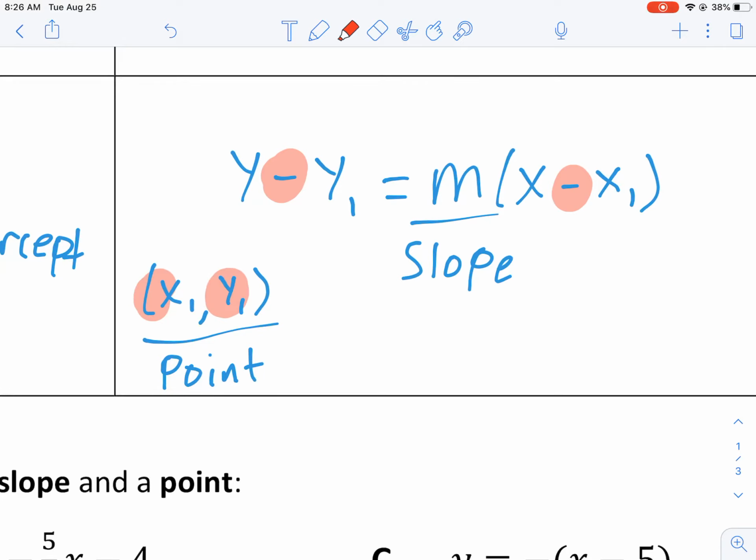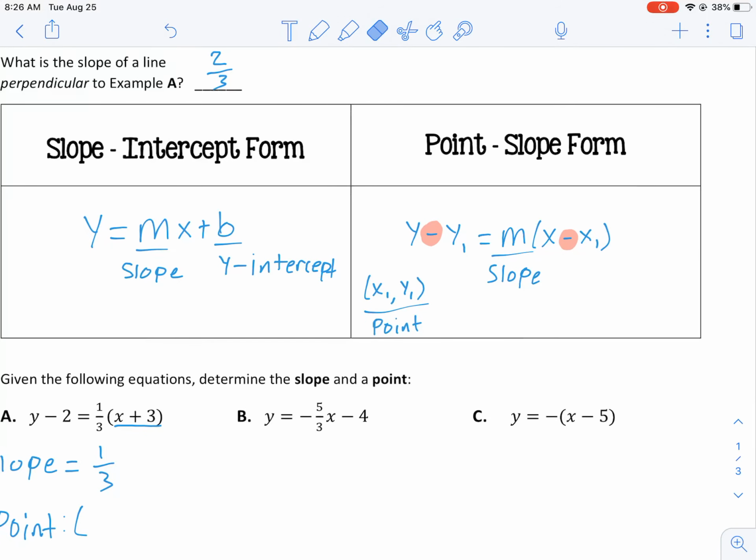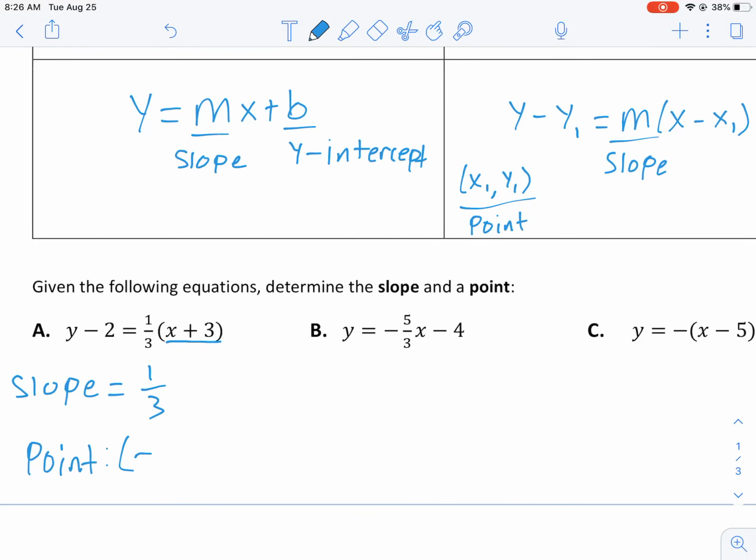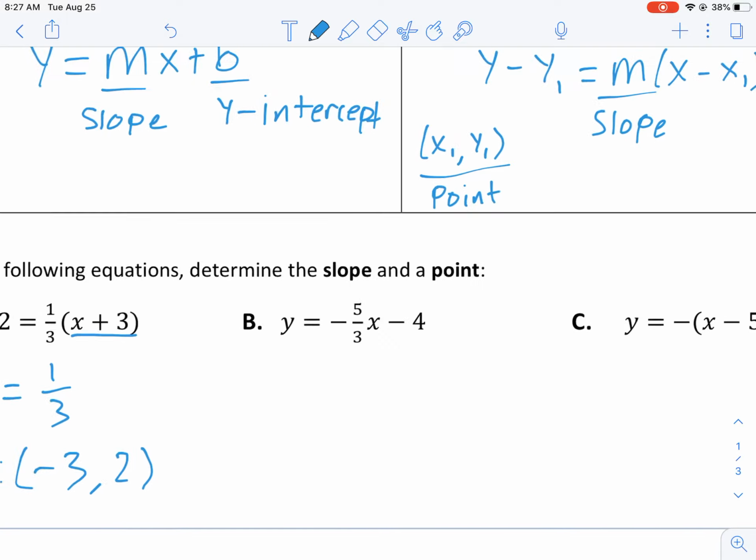Down here, we have two positive numbers. So the point is going to be the opposite sign. That's something you're going to have to remember. So our x1 value must be -3, and our y value is just 2, and that is the point being given by this equation.